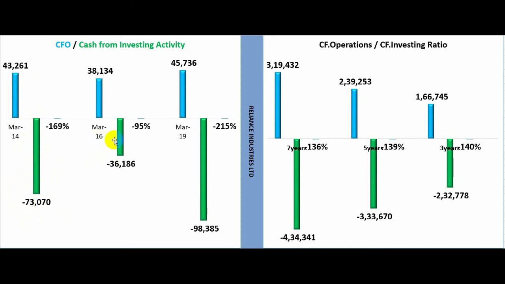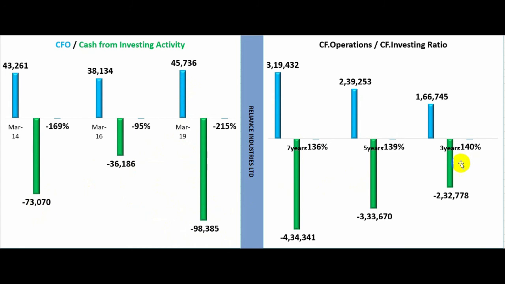In 16, 95% of the cash earned was invested in buying assets, whereas in 19, the company's investment in buying of fixed assets was 215% more than what it earned as cash in 2019. So the investment in assets has always been very high when compared to the cash it is earning. So the company is very capital intensive. This is shown through this chart.